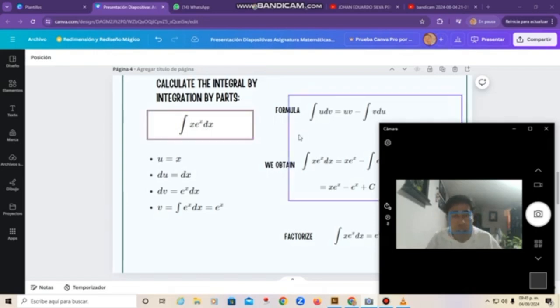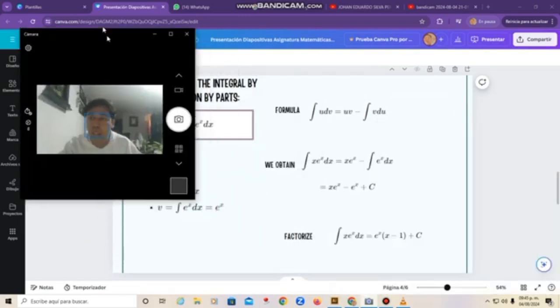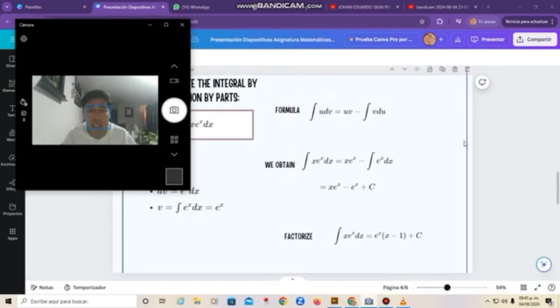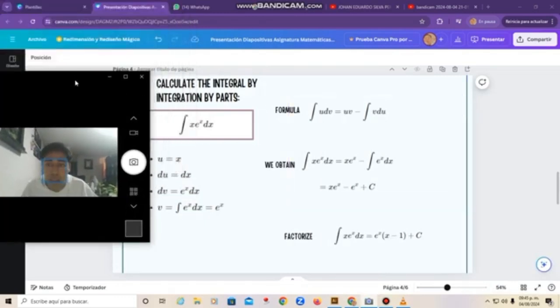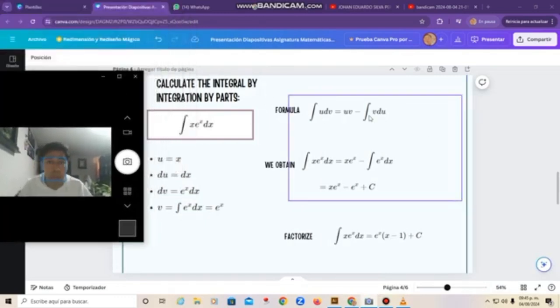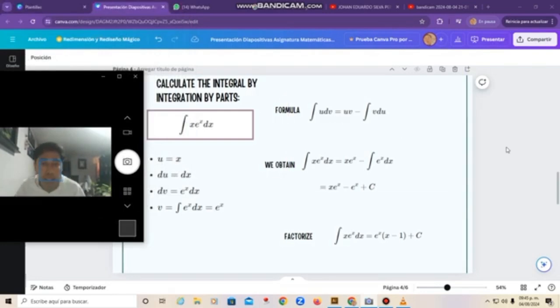So in this part we have the formula: the integral of u dv is equal to uv minus the integral of v du. We change these letters for the values.